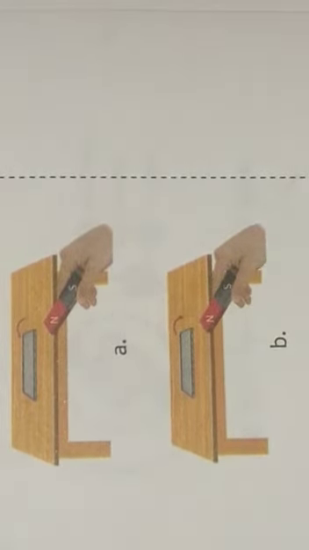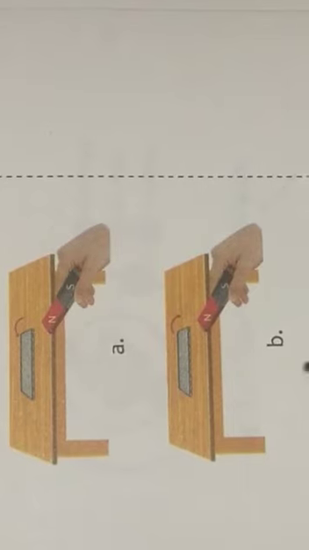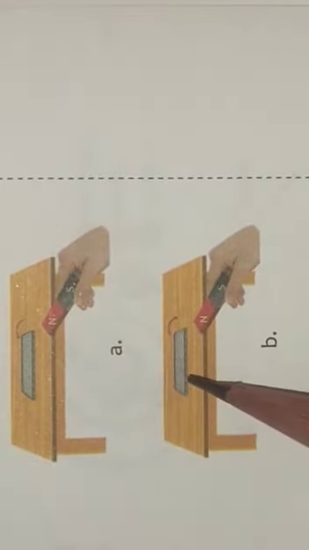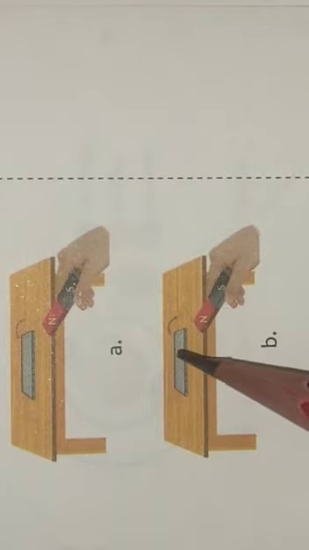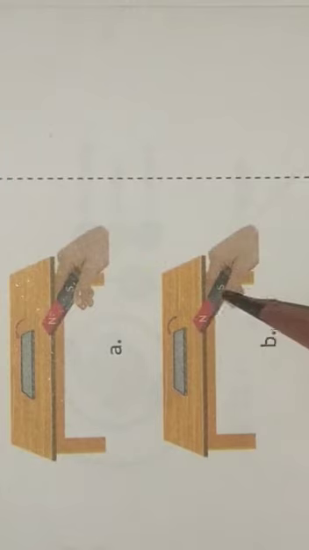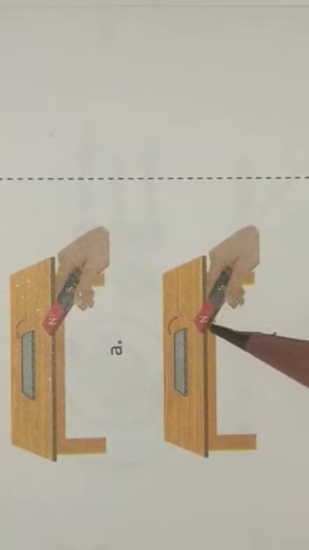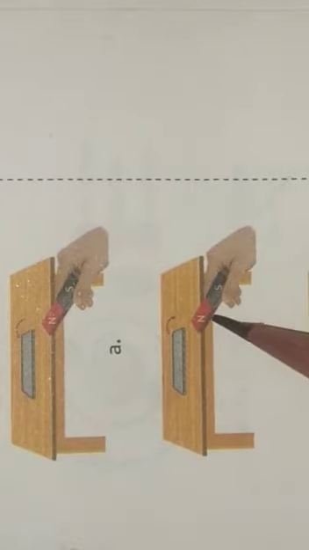Now suppose the first time this unidentified substance got attracted. Now what I will do is turn this magnet upside down.